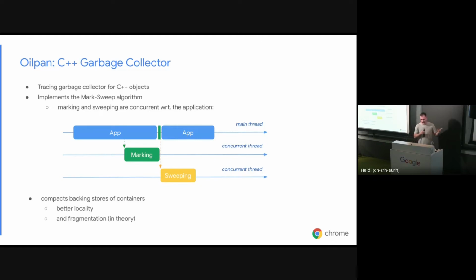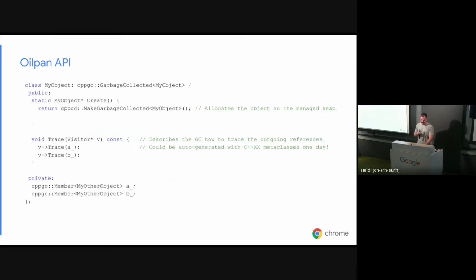There is a single synchronization phase, very tiny, but there is one, and this one can be performed when the browser is idle, when the user reads an article or whatsoever. This garbage collector can also compact backing stores of containers, which can reduce memory fragmentation, right? In theory. In practice, we don't often see this, but it's a different story.